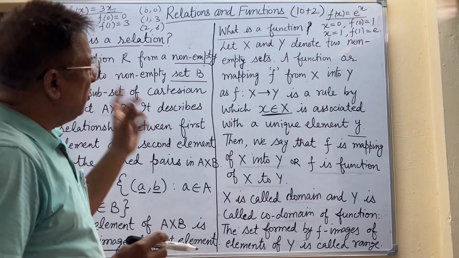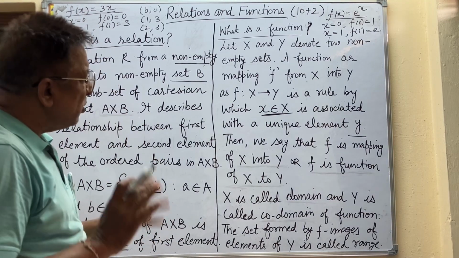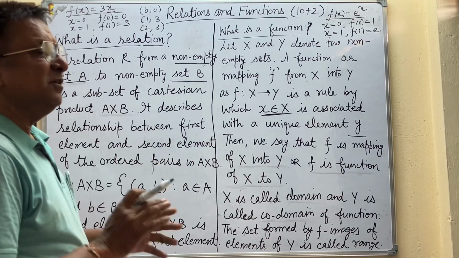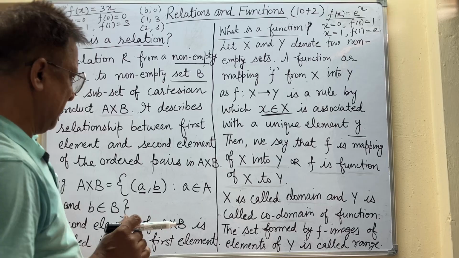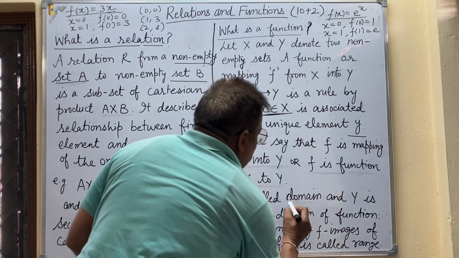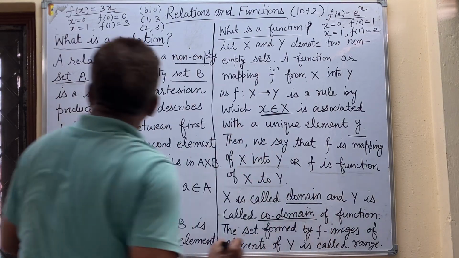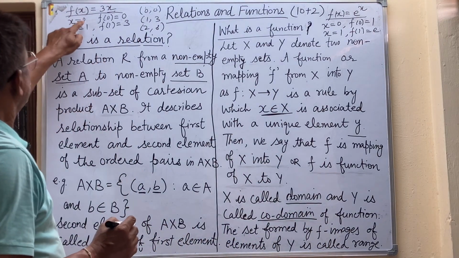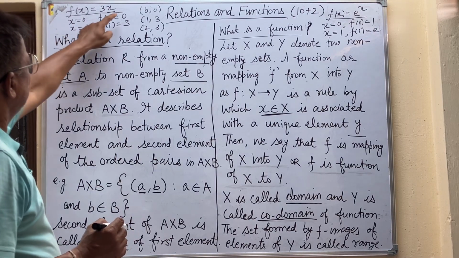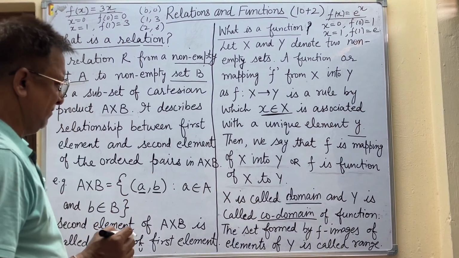There can be trigonometric function, signum function, modulus function, or there are more types of function, constant function also, etc. X is called domain and Y is called codomain. These elements 0 and 1 are the domain. 0 and 3, these are the codomain.